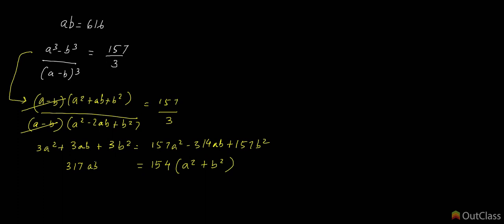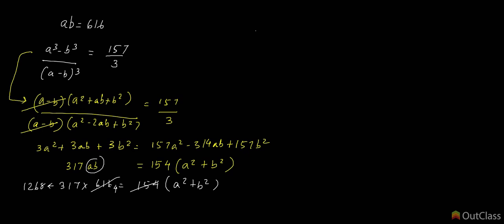If we substitute that, you will get 317 into 616 is equal to 154 into A square plus B square. Now 616 is 4 times 154, so if you cut that, you'll get a 4 here, and this becomes 1268. We have the value of A square plus B square.